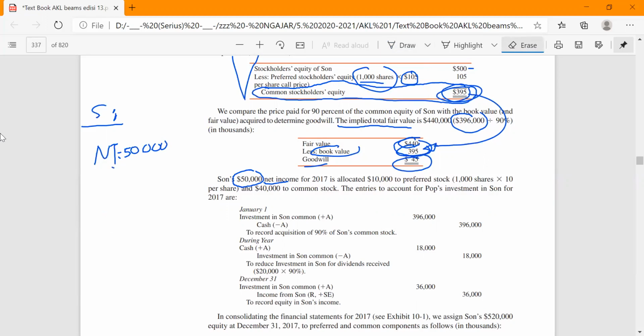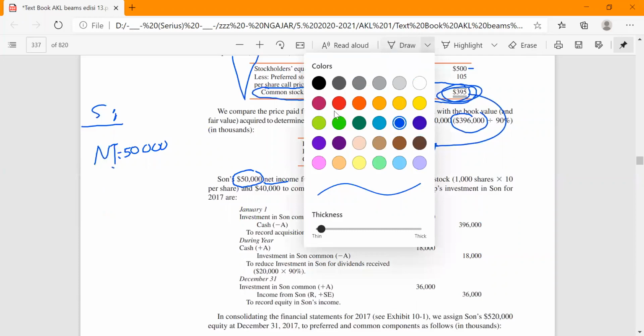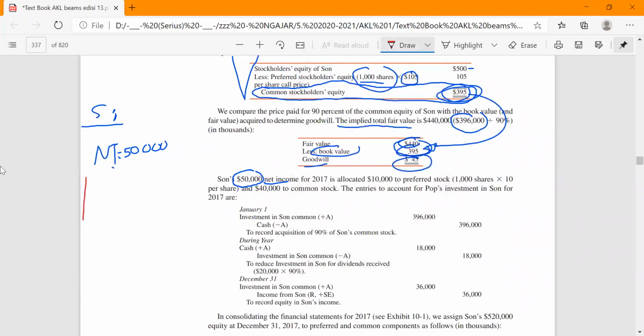So bear in mind that this net income must be allocated, I will use the other color, to the parent and to the NCI. Mostly we think that the net income we must divide into the parent and the NCI. But for this chapter, change this mind.